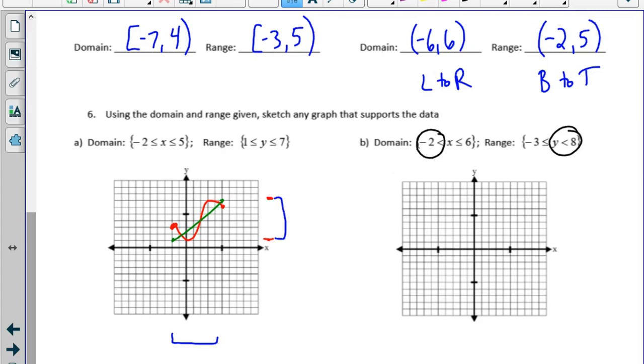So it's probably easiest if you start at -2, 8 with an open circle, and then work your way all the way to 6 for x and -3 for y, and make that a closed circle, and then do something like that, as long as you're not getting outside of -2 to 6 and 3 to 8.